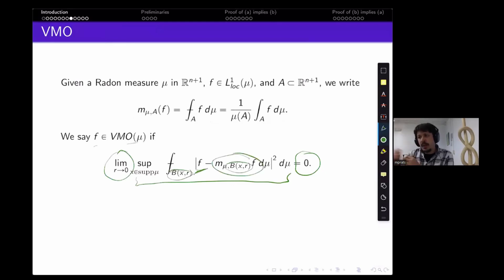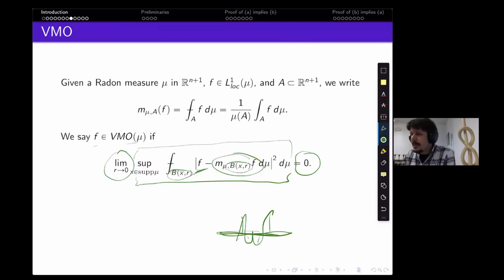So you see how the function oscillates around the mean. You take the mean and you measure in the L2 way this distance. And this would be like the VMO norm.